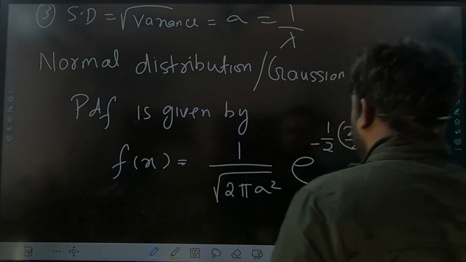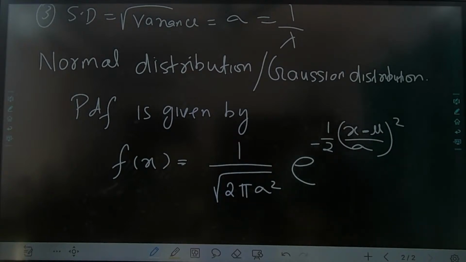So this is your f of x, the probability density function.